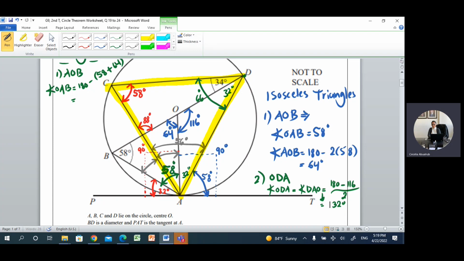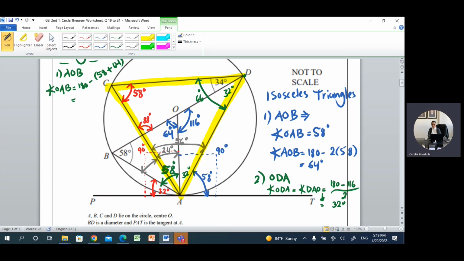And if this small angle here is 32, then we can subtract the 32 from 56, and we will find this small angle here as 24 degrees.